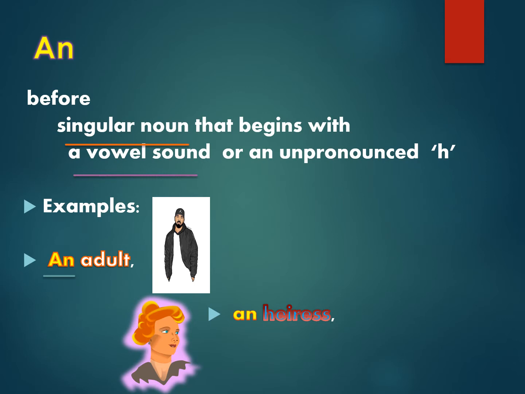Here I'm not pronouncing the letter H. Pronunciation starts from A, not from H. A is a vowel. So an comes before the noun heiress. An heiress.